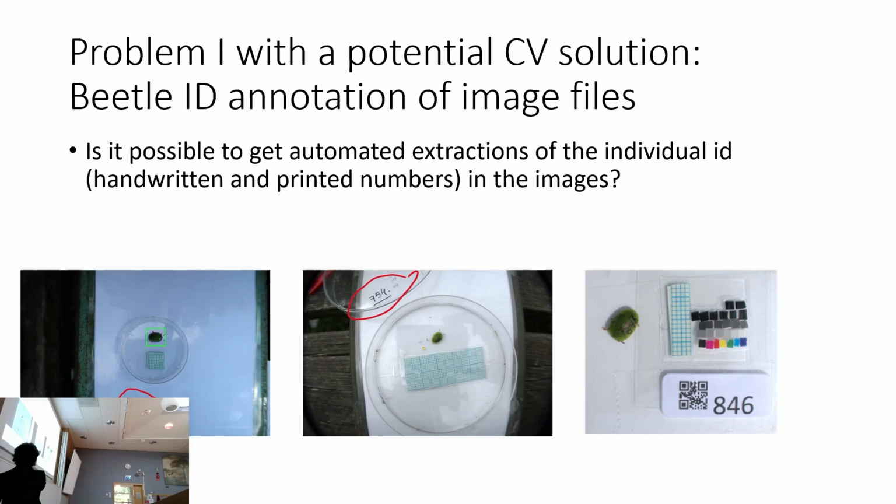And sometimes it's printed, a combination of letters and numbers, and sometimes it's handwritten. So my question to the experts is, is there a simple way to extract this from the pictures, or should we just continue doing it by hand? That's the first question.